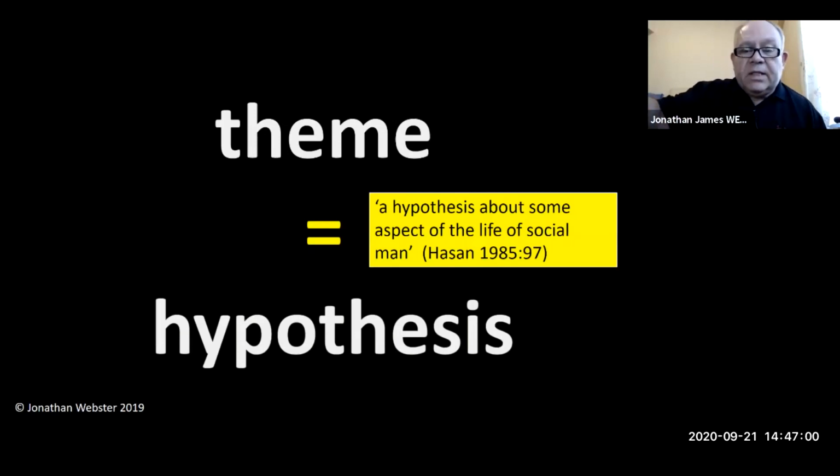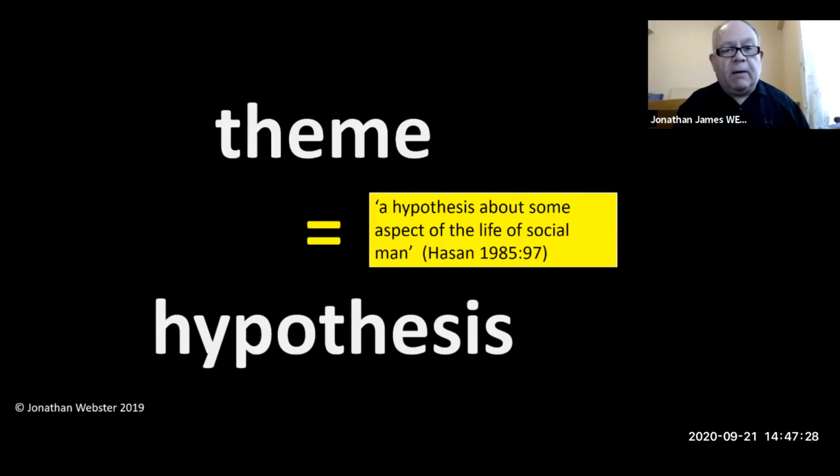And the hypothesis about some aspect of the life of social man, that hypothesis of the poet becomes your hypothesis about what that poet means. You have to have a hypothesis, and what does that hypothesis then say? The hypothesis then must be substantiated by your evidence, and your evidence is your linguistic analysis. It's like any science.